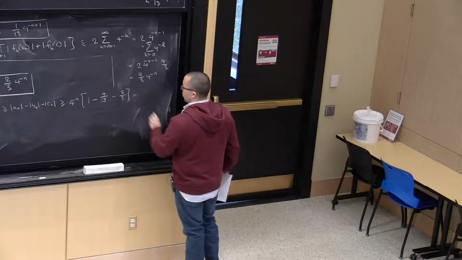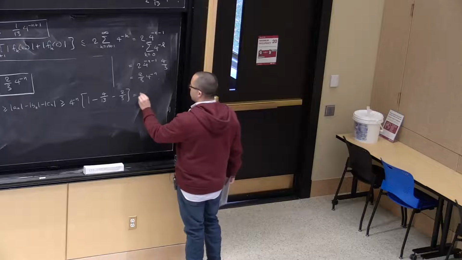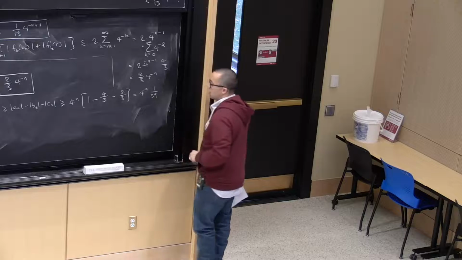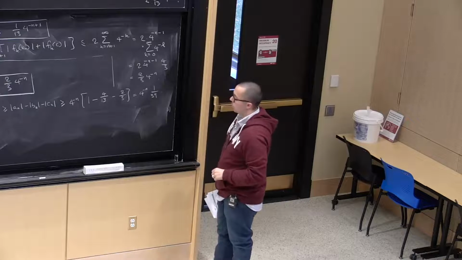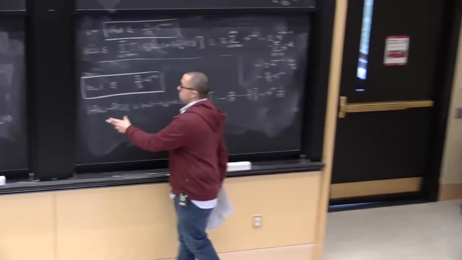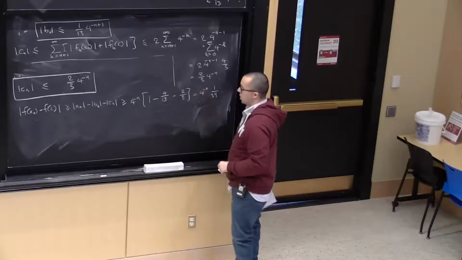And if you do the arithmetic, this is 4 to the minus n times 1 over 39. Okay? So f of x sub n minus f of c is bounded from below by 4 to the minus n times 1 over 39.